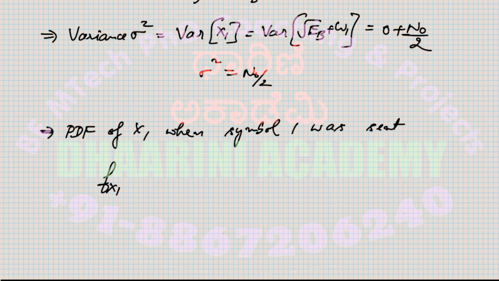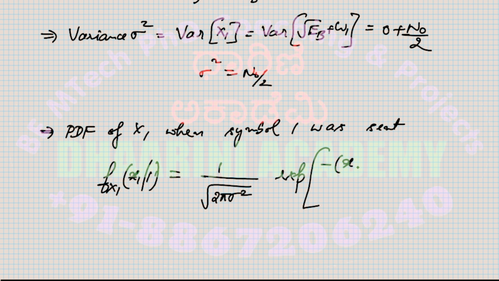So we should write the standard Gaussian function. The standard Gaussian function is 1 divided by the root of 2 pi sigma square, into the exponential of minus of x1 minus mean the whole square divided by 2 sigma square. Substitute the values which we have calculated just now to get the final answer.